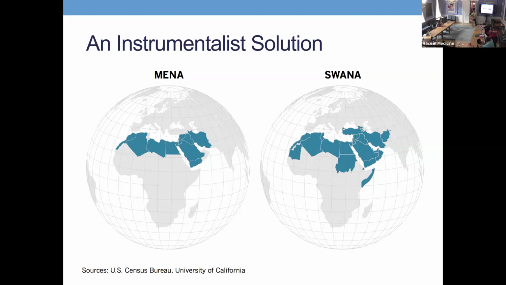One important thing is that the list of countries for each is different. So if UC takes off MENA because they say we got it wrong, and the students at Berkeley, where I went, say we've got to get SWANA in there, and they get SWANA in, this now changes things. Biological racial realists and social constructionists should be flexible enough to deal with historical evidence and future differences in racial groups.